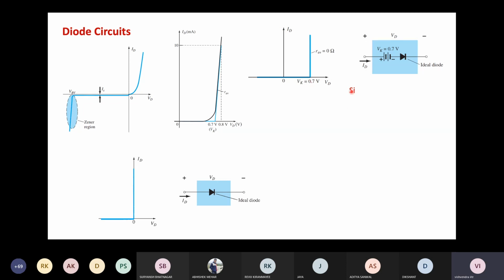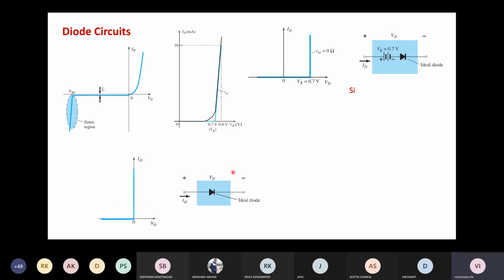And this is true for the silicon diode because this 0.7 volts is the cut-in voltage of the silicon diode. And generally the ideal semiconductor diode is the one in which for voltage less than 0 volts, it is turned off. And as soon as the voltage goes above 0 volts, it is turned on.